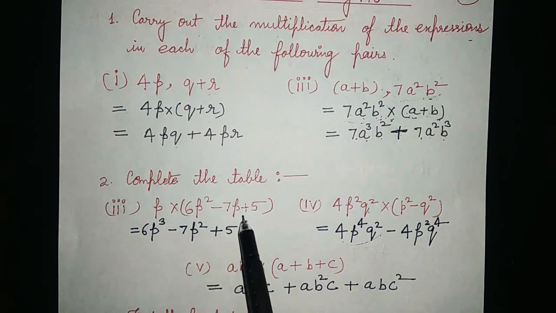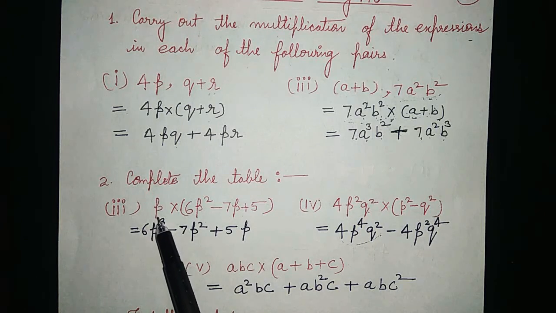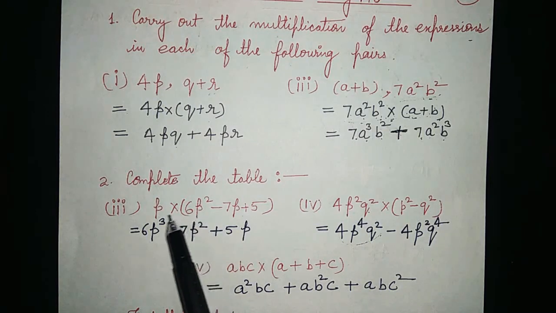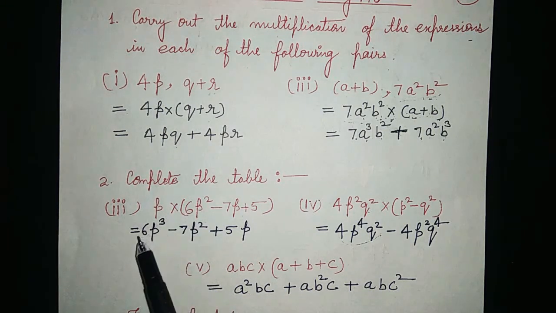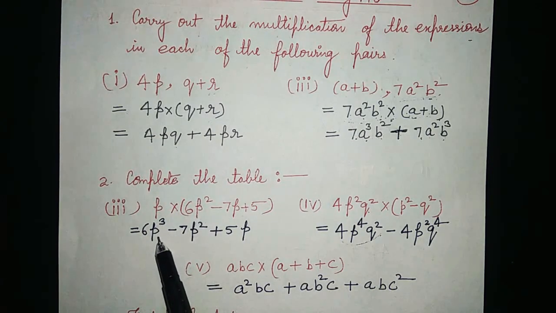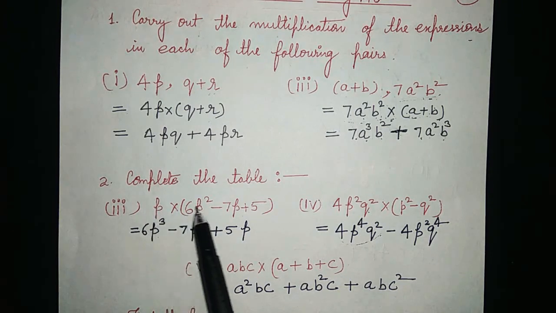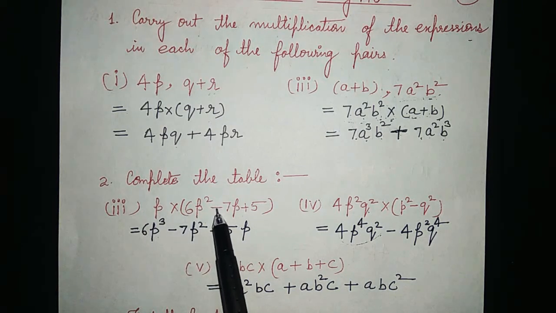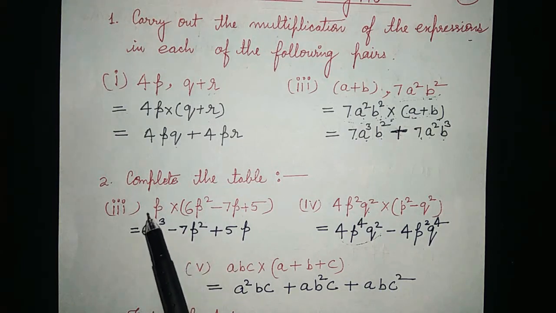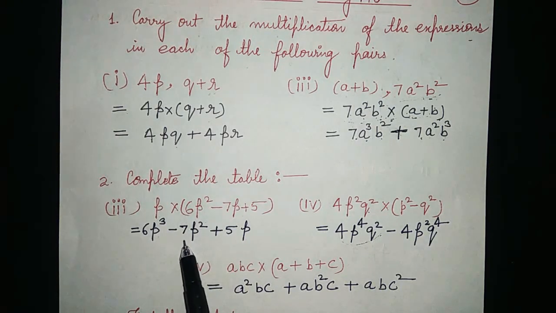Now we will multiply it. Okay. So first we will multiply this p with the first term of the trinomial. Now 1 into 6, 6, p into p square, p cube. And now this plus and this minus. When we multiply comes minus. Now 1 into 7, 7 we will write.